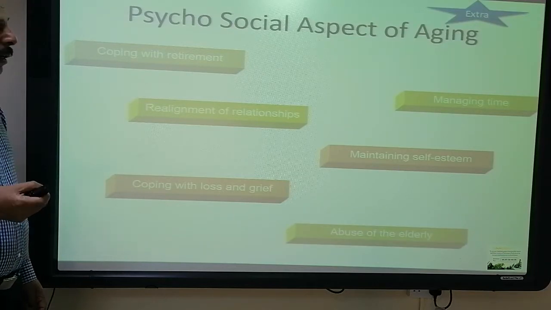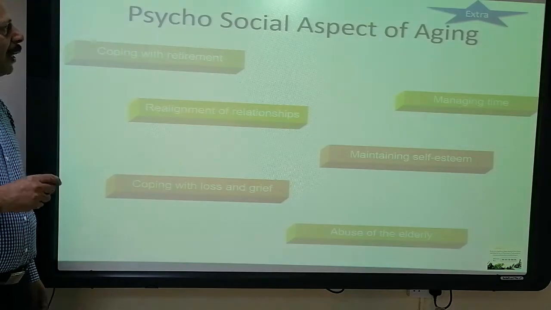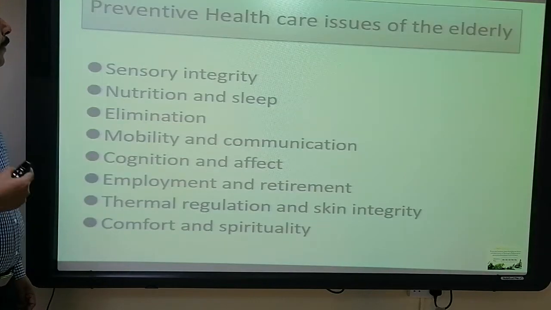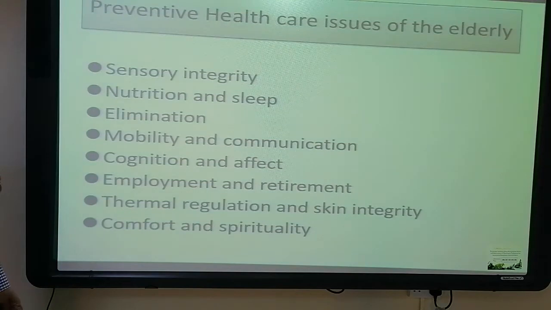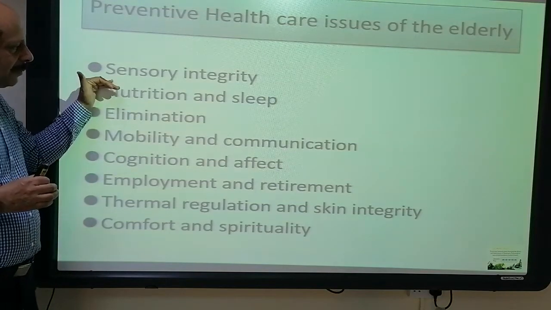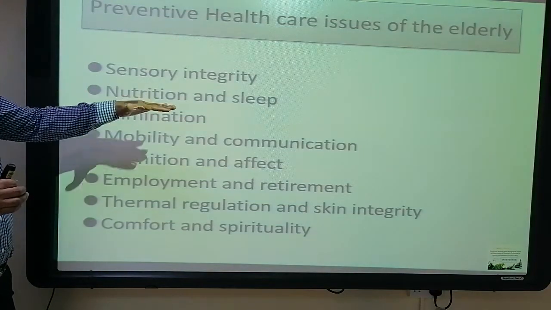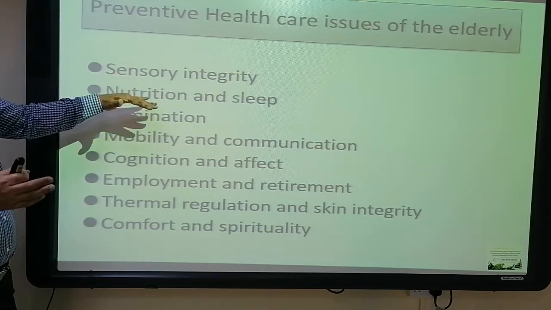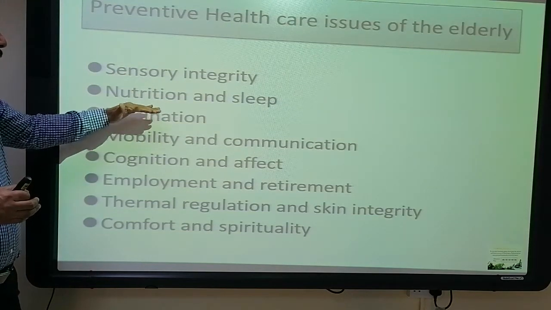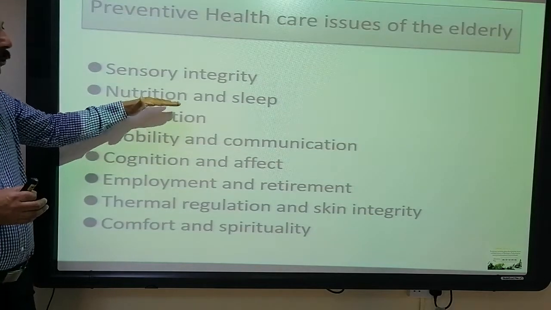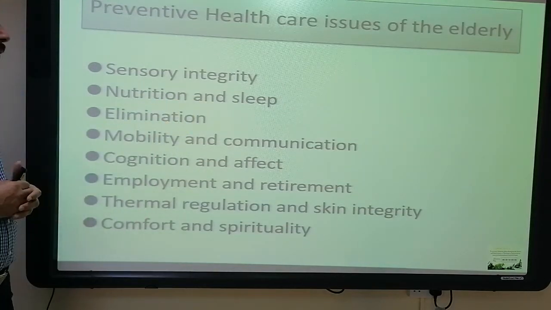Abuse of the elderly also, we have to prevent it. So prevention of healthcare issues of the elderly. Sensory integrity, we have to maintain the sensory integrity. We have to maintain the nutrition, keep a good nutrition and good time of sleep.